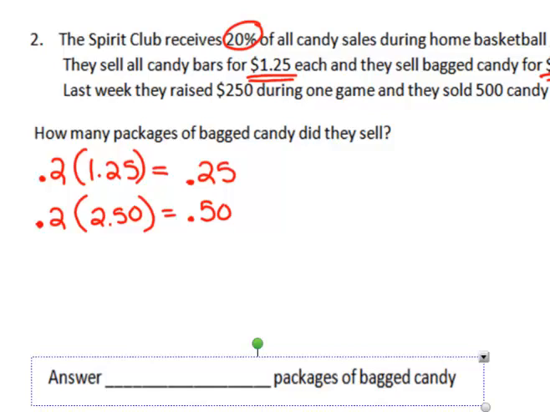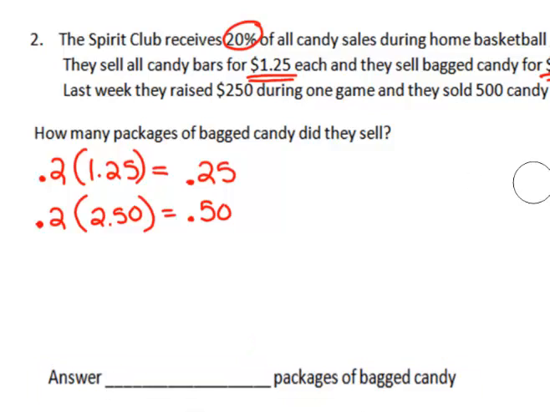All right, so now we're going to write an equation. Well, last week they earned $250. They sold 500 candy bars, so I'm going to take 500 times the amount of money I make off of a candy bar.